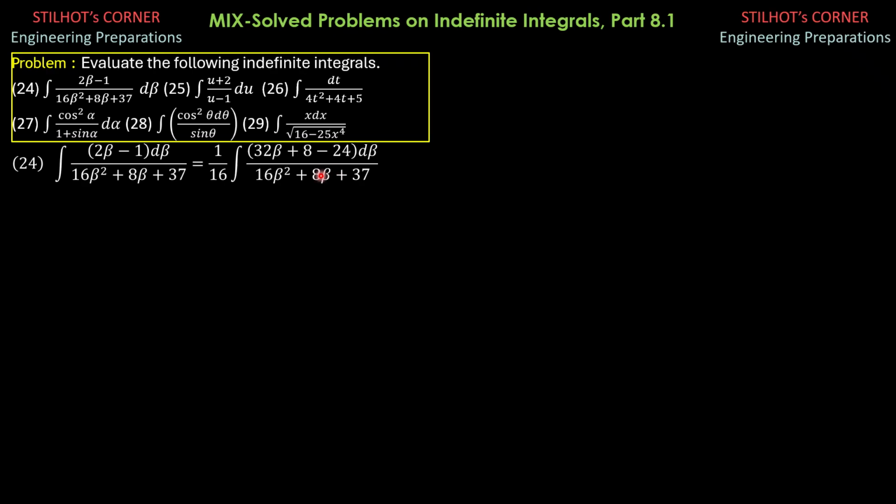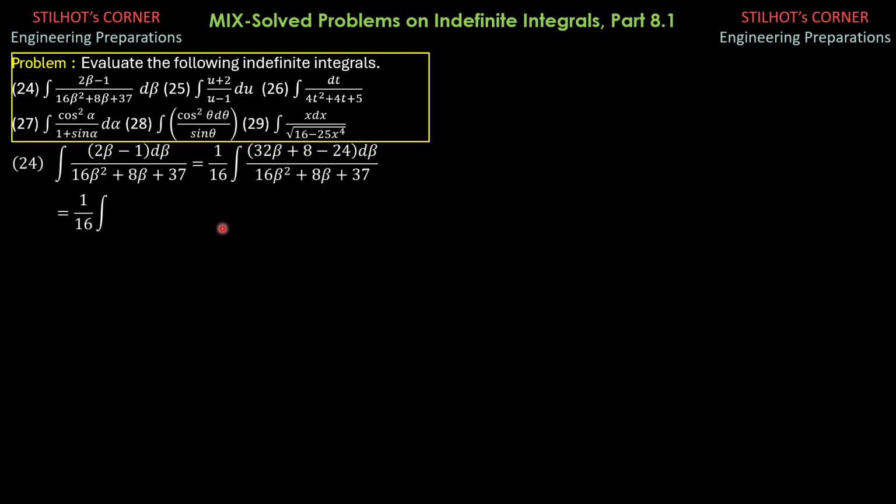So this is now the integral of 1 over 16 times (32 beta plus 8) differential beta over the denominator, minus 3 halves, which is negative 24 over 16, times the integral of differential beta over the denominator, which is rewritten as (4 beta plus 1) square plus 36, and 36 is 6 square.